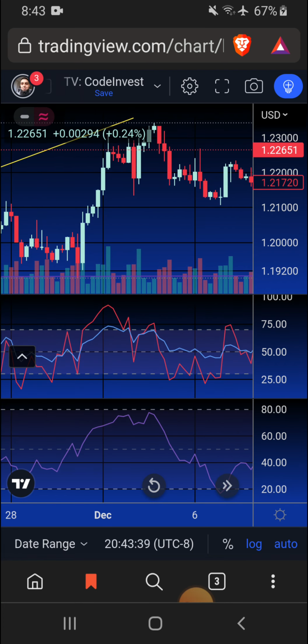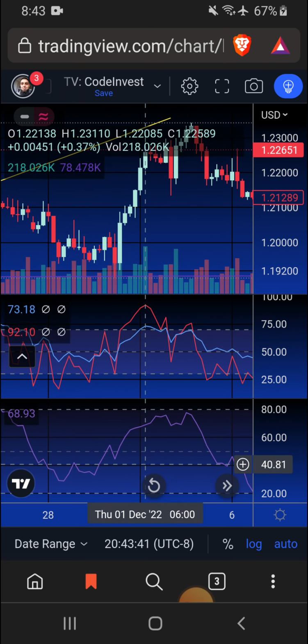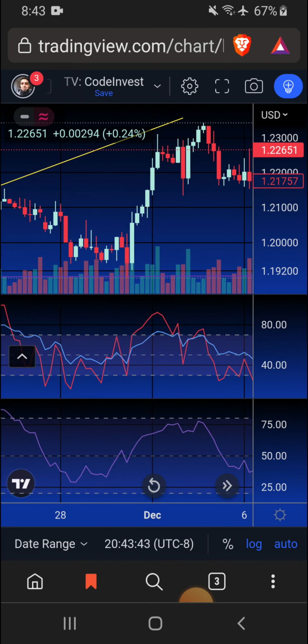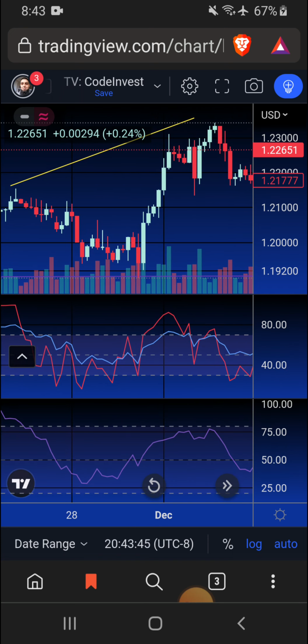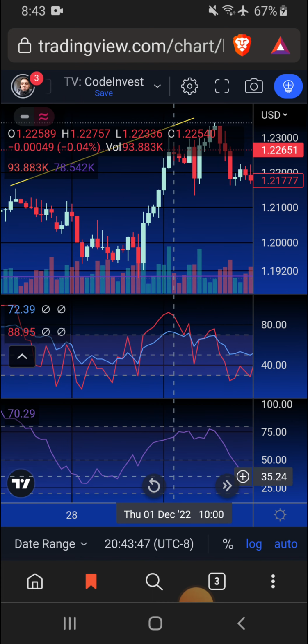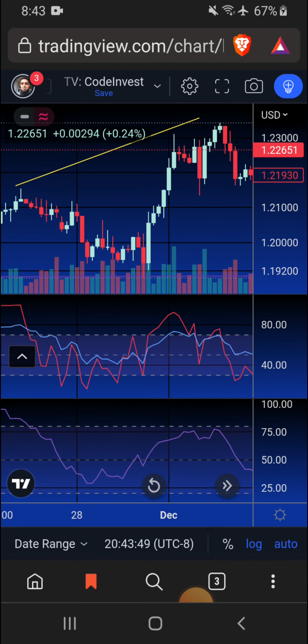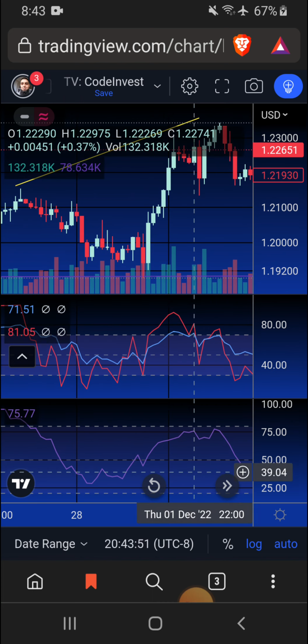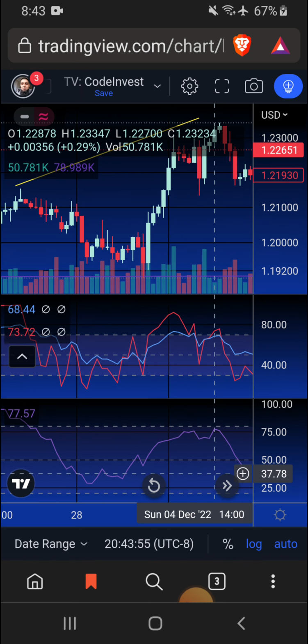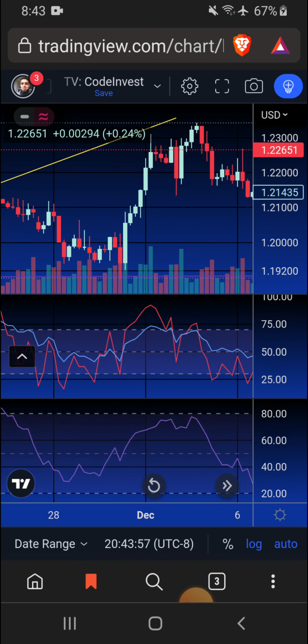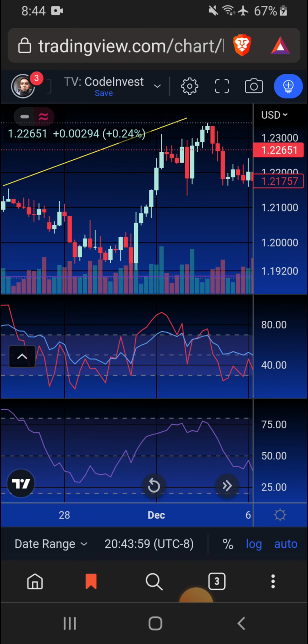Does the Money Flow Index work perfectly? Sometimes not. As you can see, sometimes it diverges. So here we have the Money Flow Index at that peak, 75.77, here 77. So yeah, it didn't really diverge there, but you can use it for divergence.